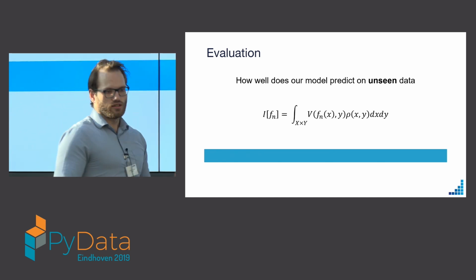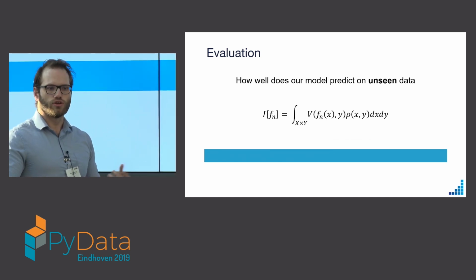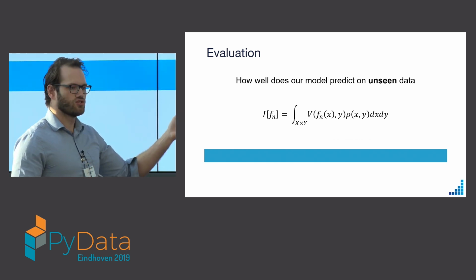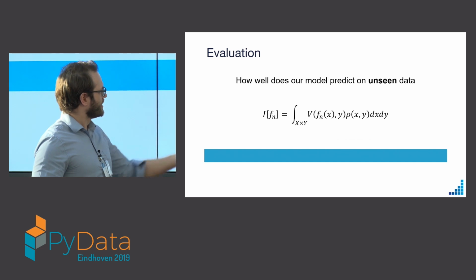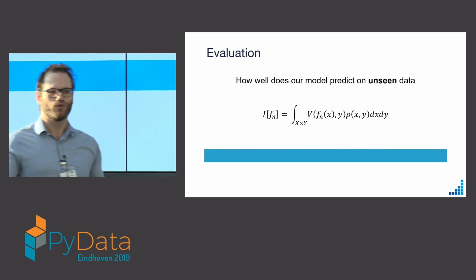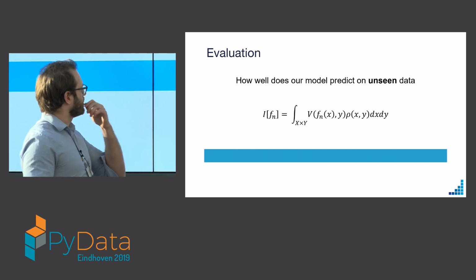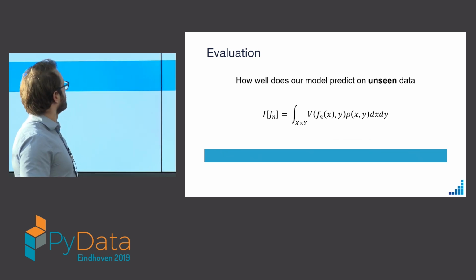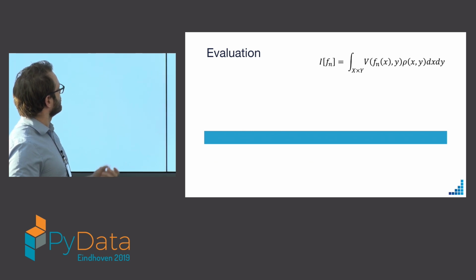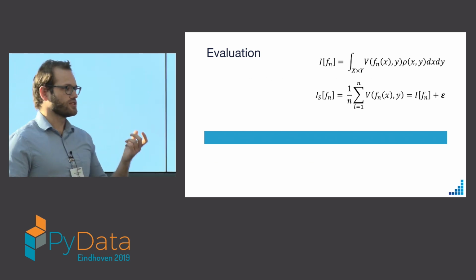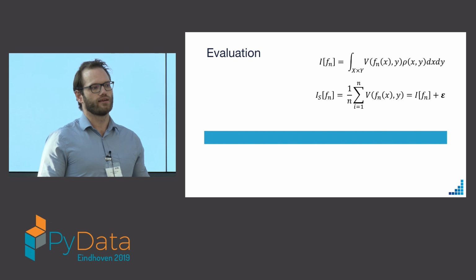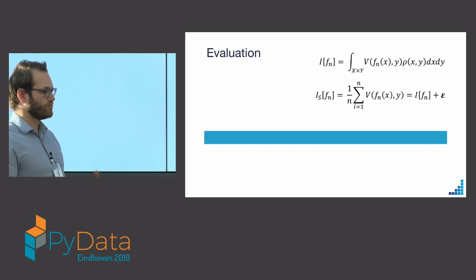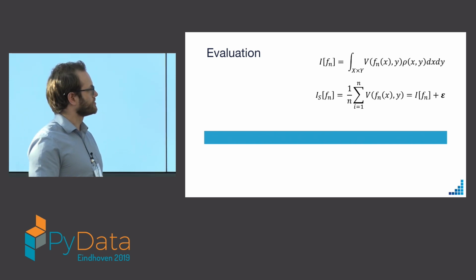So this V is basically your loss function or your metric of what kind of mistakes you're making. But of course, we don't know this. We cannot know this. If we knew this whole probability distribution, we wouldn't need a model. But we're very interested in this because this shows how well we're doing. So how can we do this? We could instead approximate it, because we do have access to samples from this probability distribution. That's our training set or our data set.